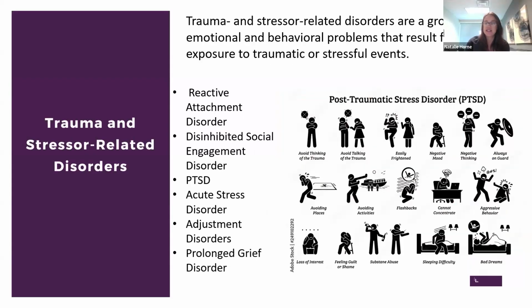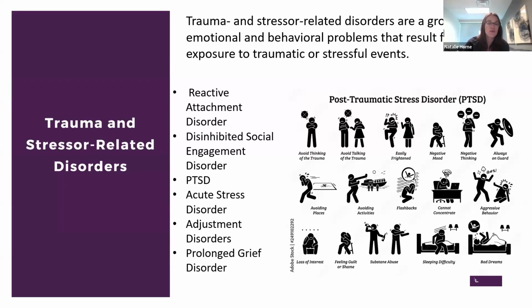Then trauma and stressor-related disorders. We tend to think about this as PTSD, but there are many other disorders within this category. So these come from exposure to traumatic or stressful events, or even hearing about them, knowing about them happening to someone close to you. There's those intrusion symptoms: thinking about things, flashbacks, nightmares, trying to avoid thinking or talking about it, avoiding activities or places that are reminiscent of it, feeling on edge, hypervigilant, looking over your shoulder, being startled.